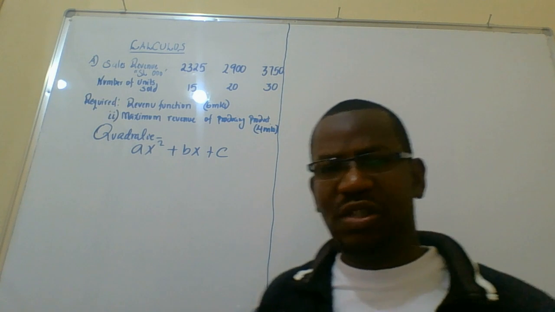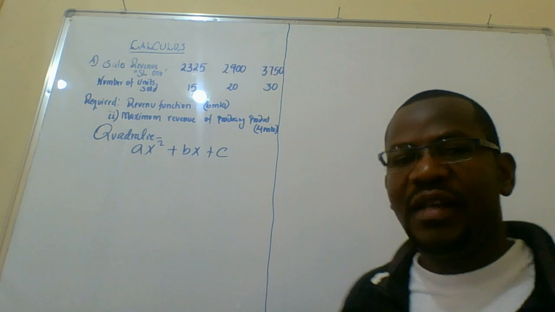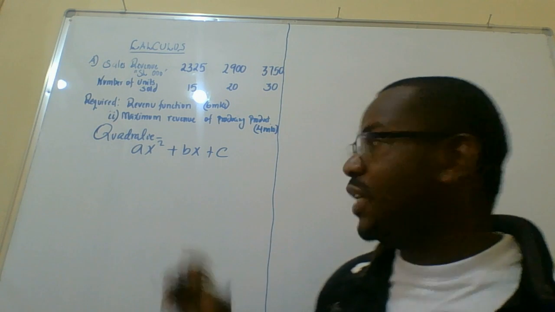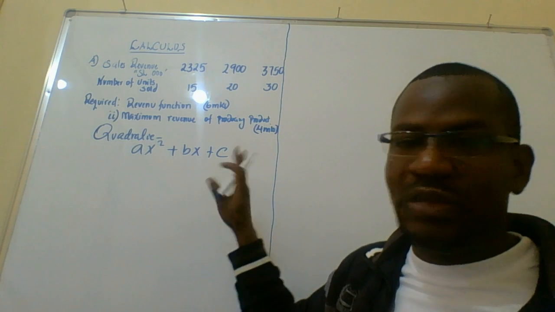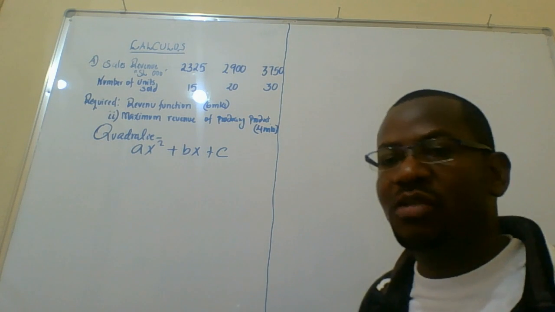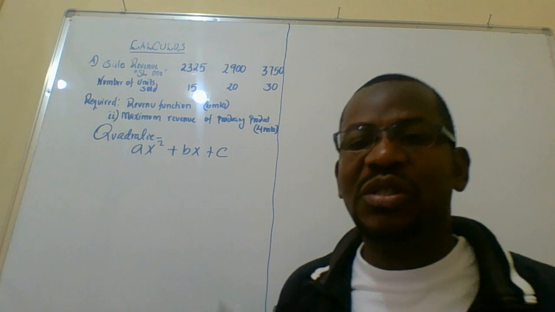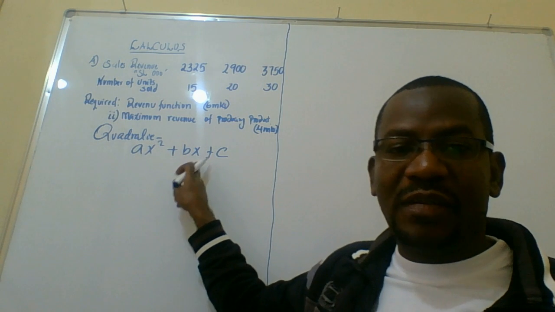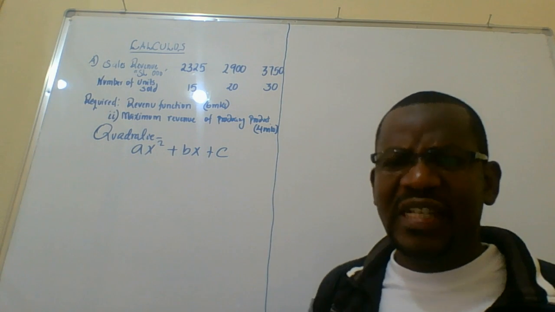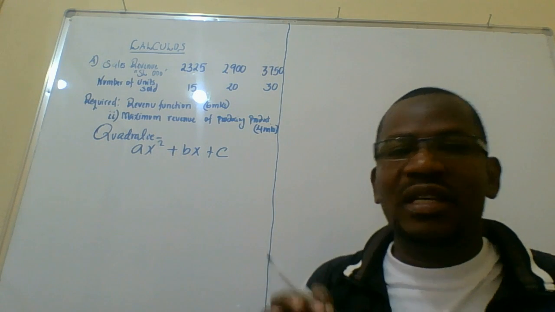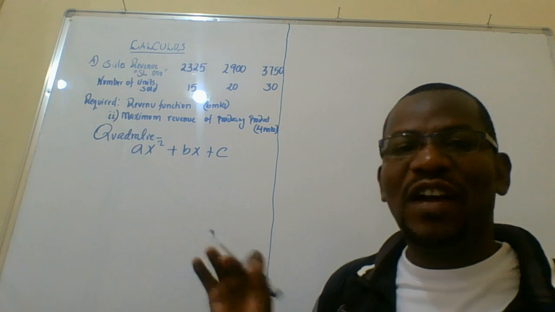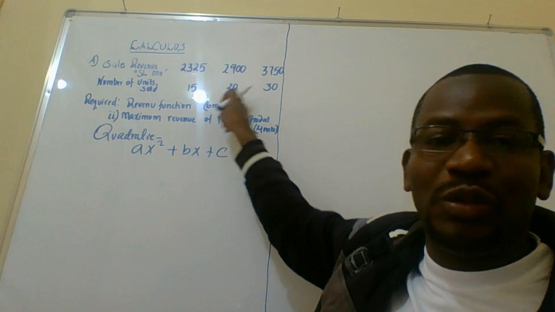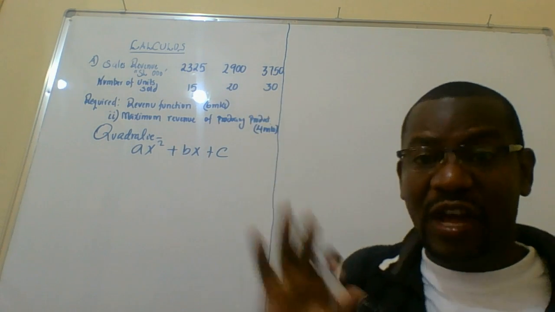But I want to caution my students that in revenue, we don't really acknowledge the constant. So we shall be concerned with ax squared plus bx. Now come up with the three equations, because we have three structures: 1, 2, 3. Therefore, I'll call it A.